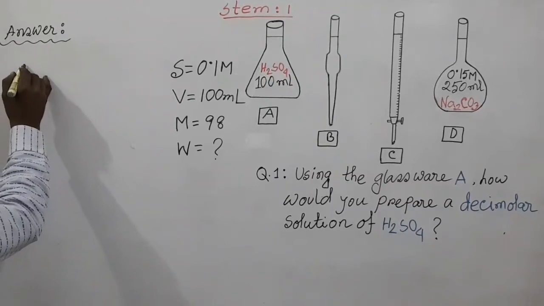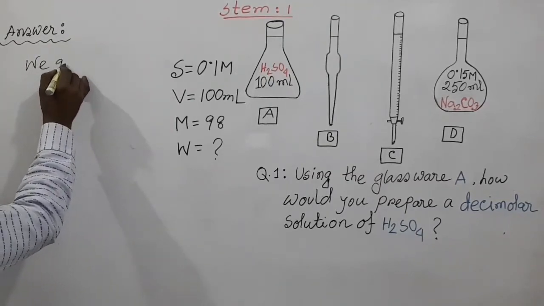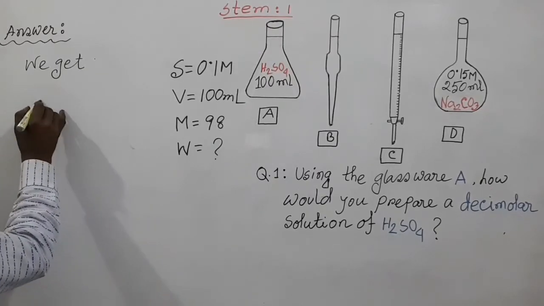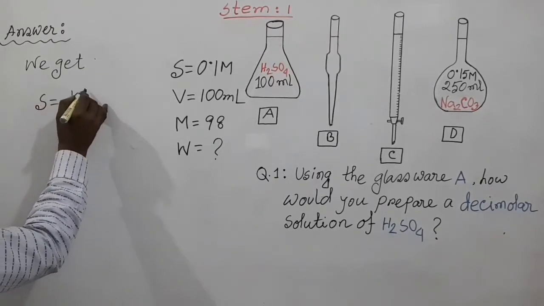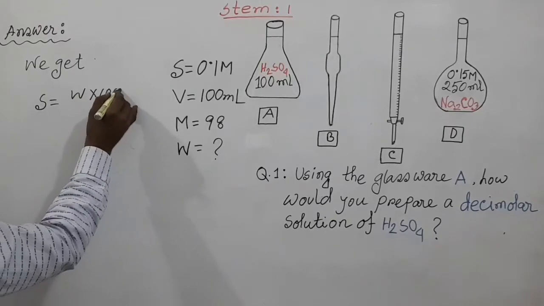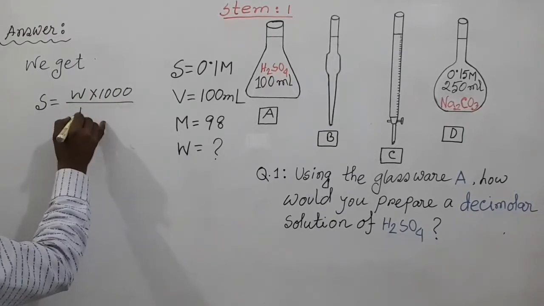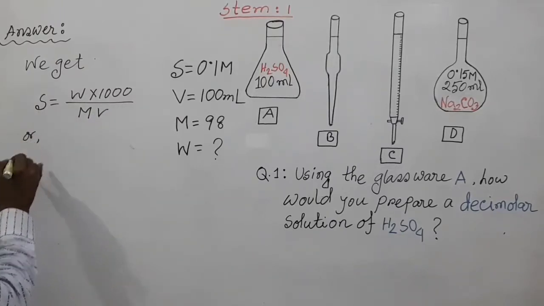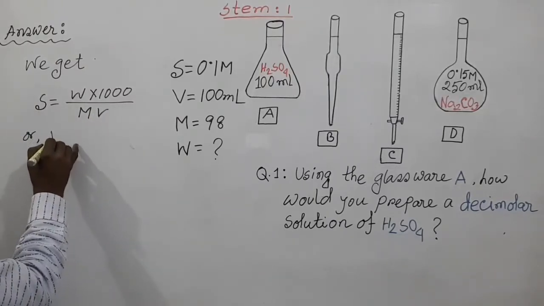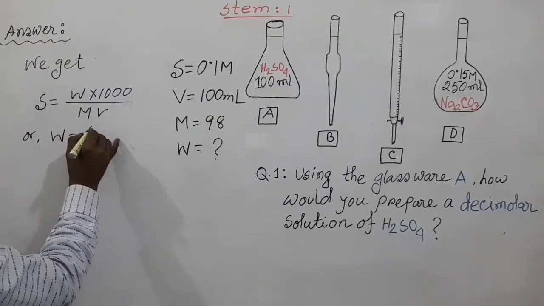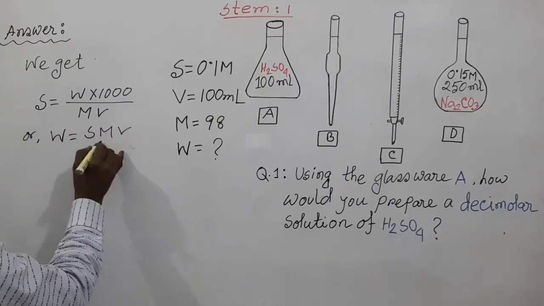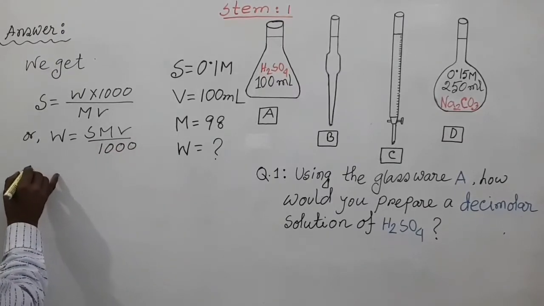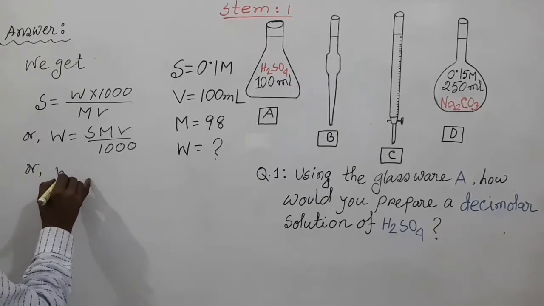We get S equal to W into 1000 divided by MV. So, W equal to S MV by 1000.